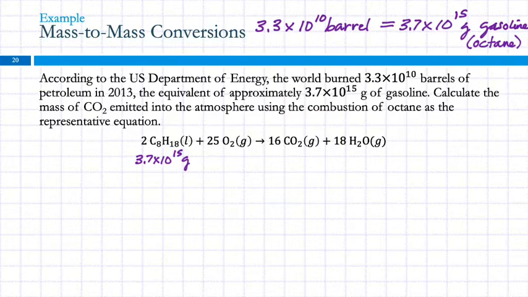It's asking me to calculate the mass of CO2 emitted when that burns. So CO2 is over here. I want to know how many grams of that, so I'm going to put a question mark because that's what I'm trying to find.